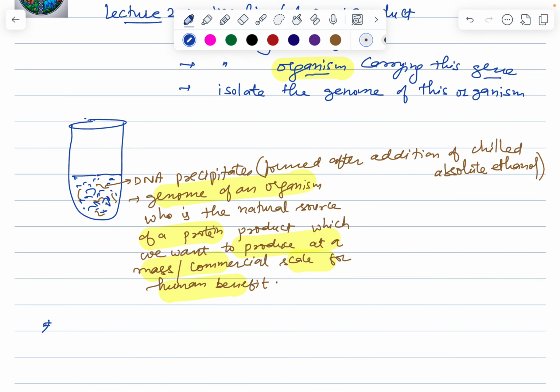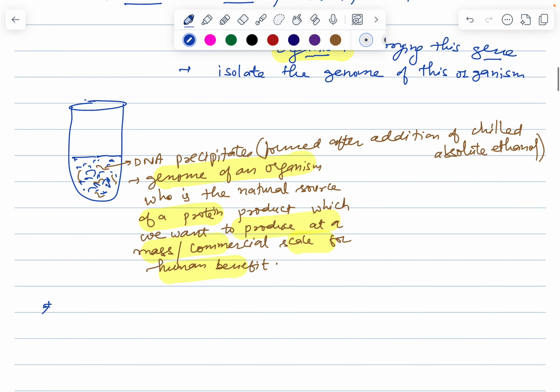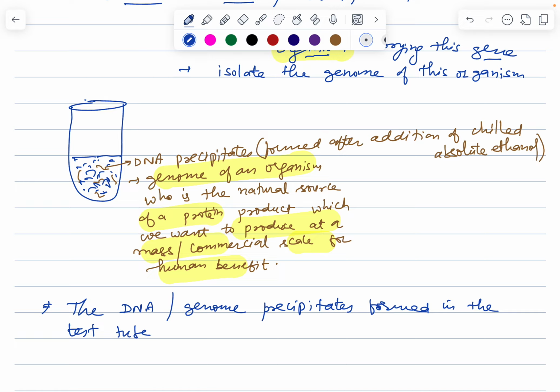The DNA precipitates which are obtained in the test tube by adding chilled absolute ethanol. The DNA or the genome precipitates formed in the test tube by adding what? Chilled absolute ethanol.